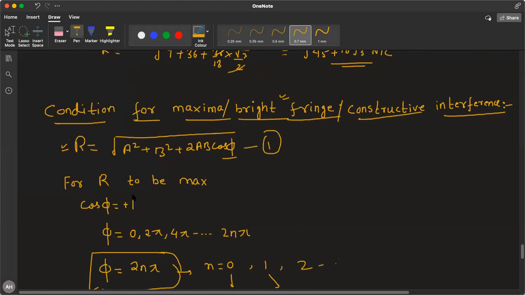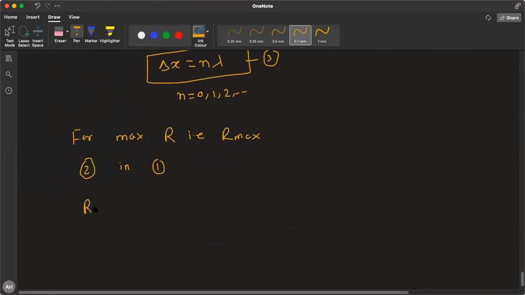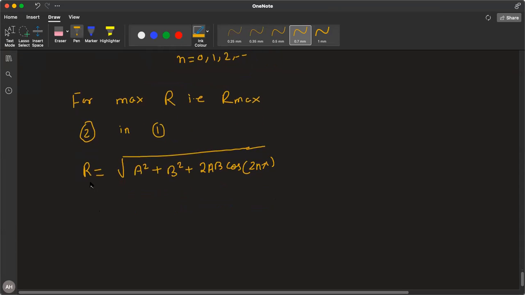you will get R equal to root over a square plus b square plus 2ab cos, and instead of phi you substitute 2n pi. Now we know that cos 2n pi is equal to 1. So this is R max.